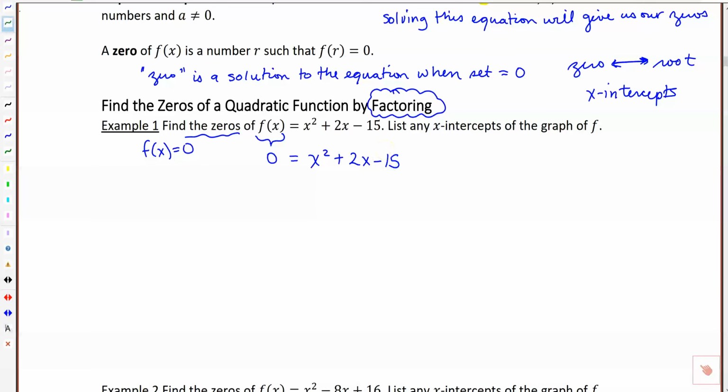Now factoring this is the easy case to factor, because the leading coefficient, which is the number in front of your square term, is 1.